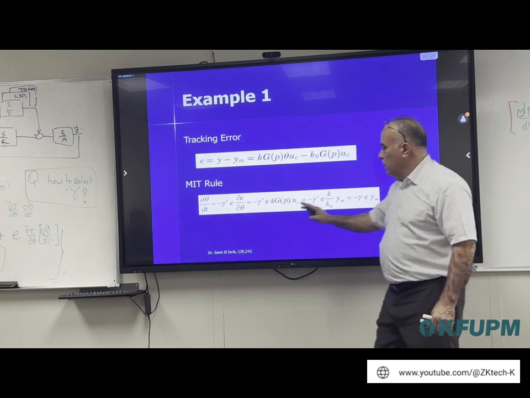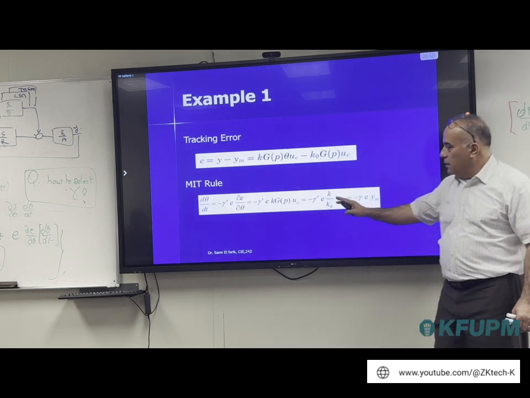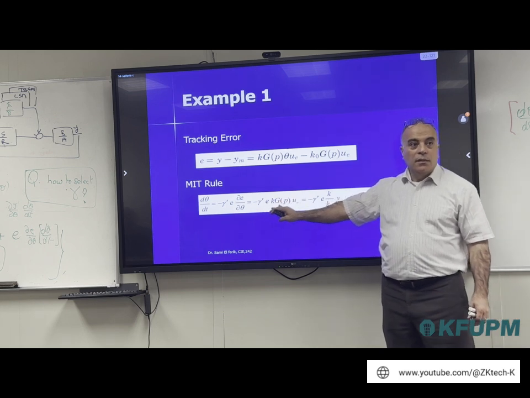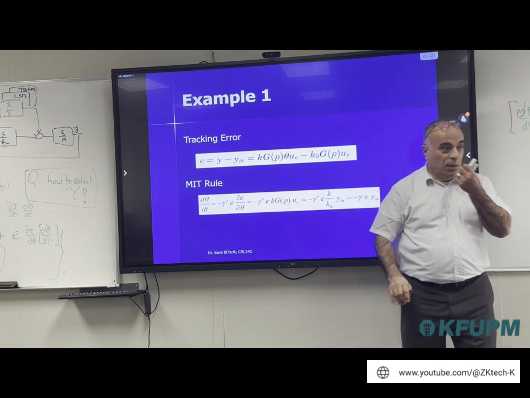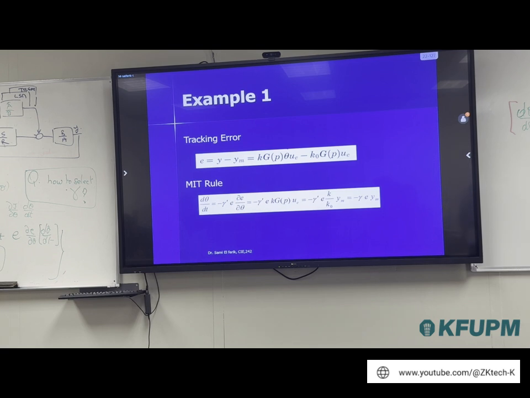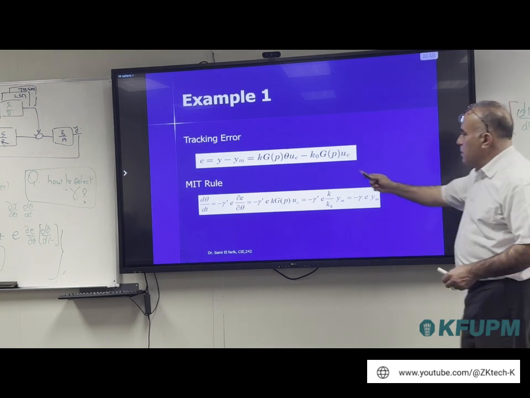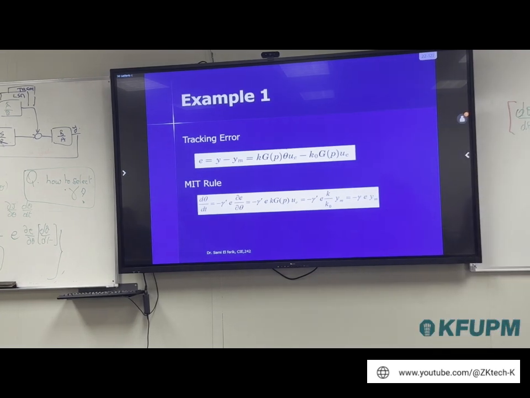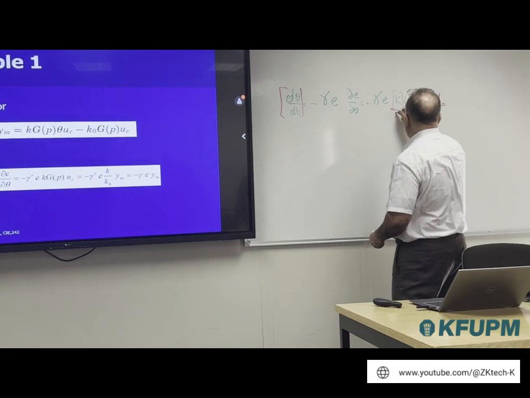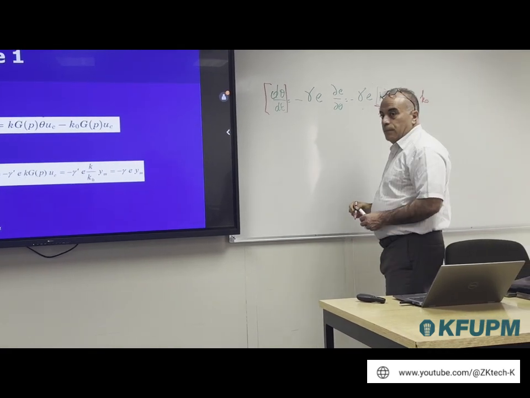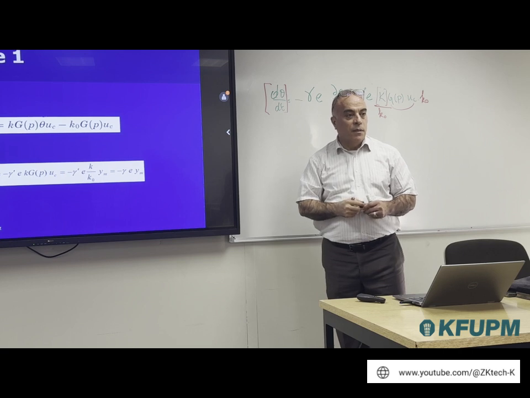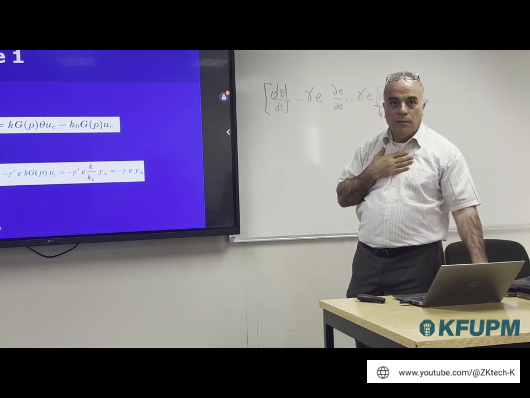And when I implemented the rule, I found out that the rule depends on parameters that I don't know: K and GP convoluted with UC, or GP applied to UC. So since K0 is a constant that I know, I'm going to multiply by K0 from this side and divide it by K0. K0 is coming from my reference model.